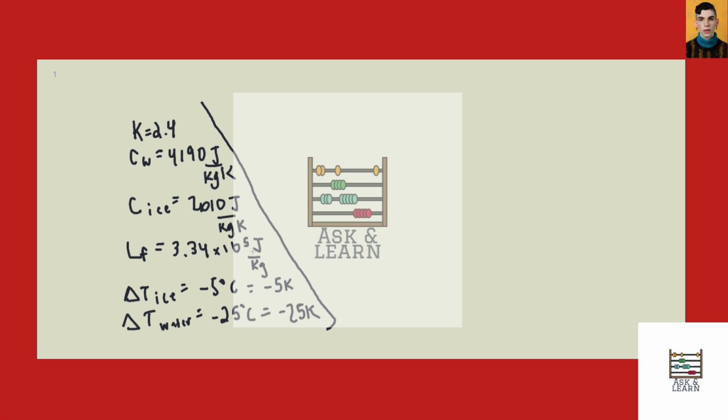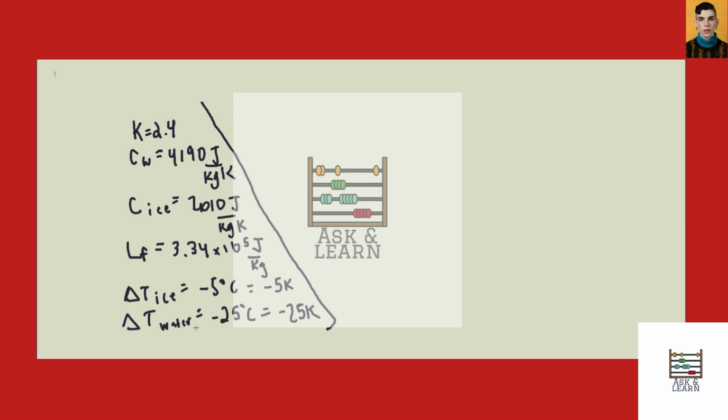In addition to the heat capacities, we also have the latent heat of fusion. So energy is released when water stays at 0 degrees but goes from water to ice.